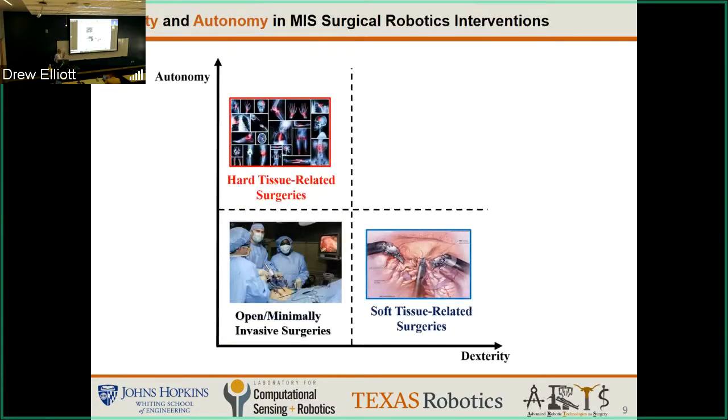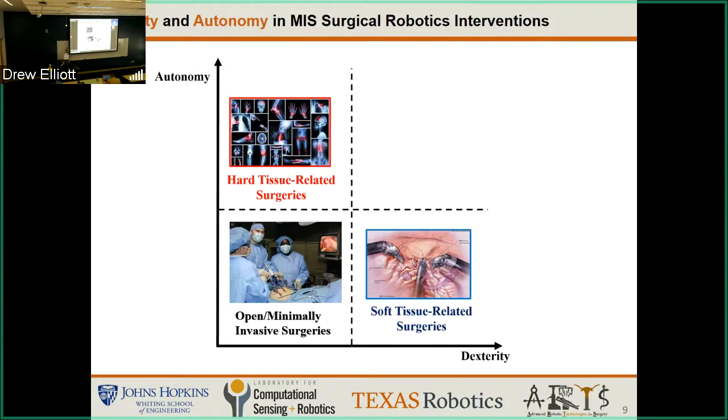This is a plot that I made during my PhD, focusing mainly on dexterity and autonomy, the last two milestones. The X-axis is dexterity, the Y-axis is autonomy, and I have four quadrants. This is the space of all surgeries to me. Top left is hard tissue surgery, like orthopedics and neurosurgery.